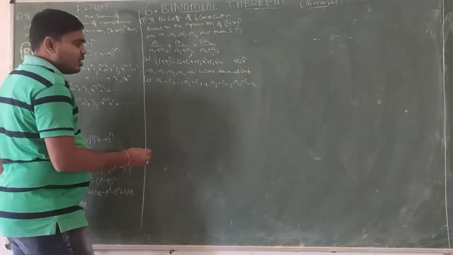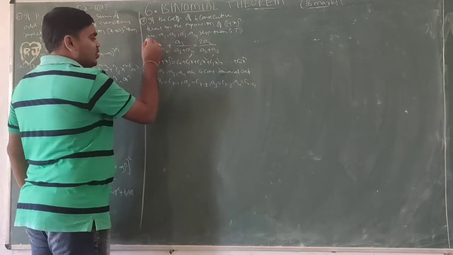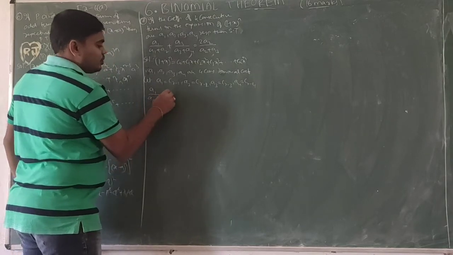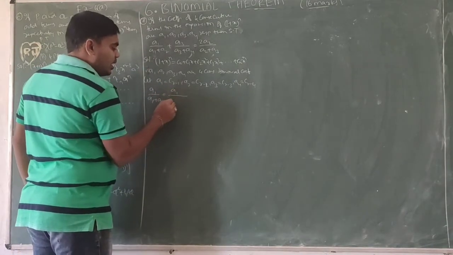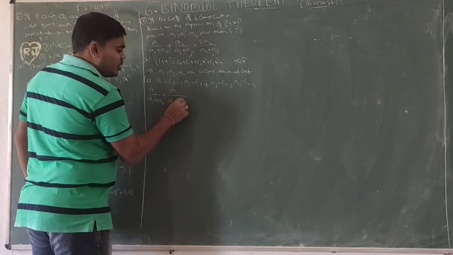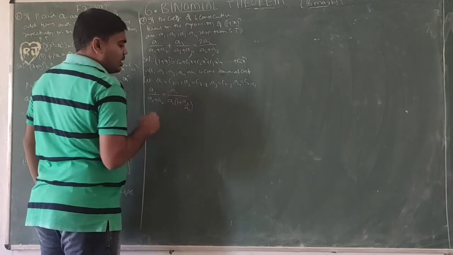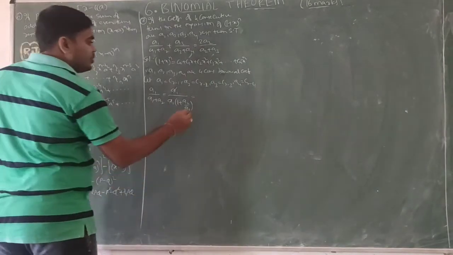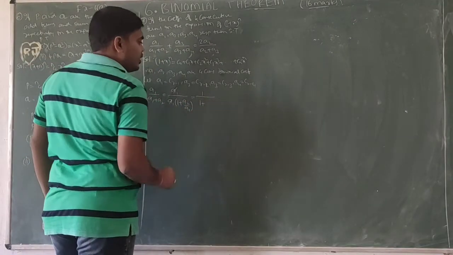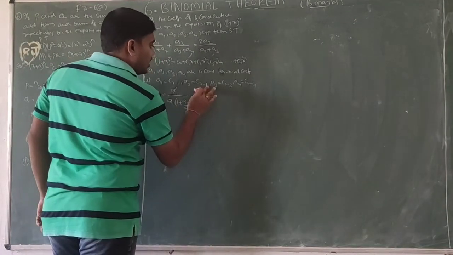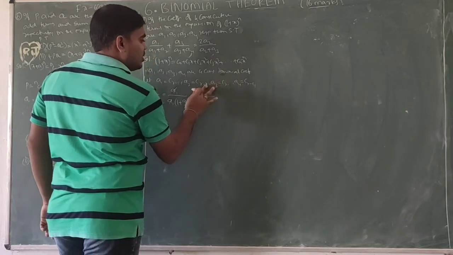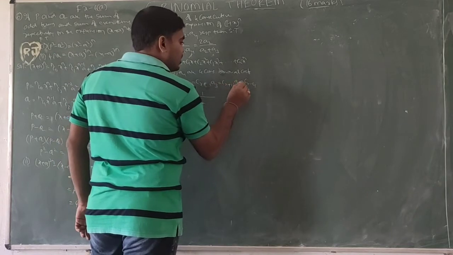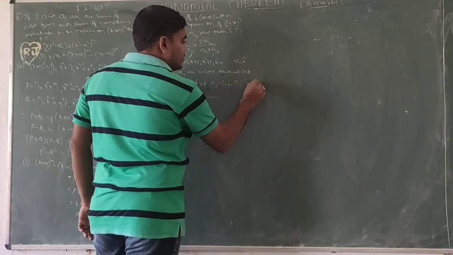Next, I am taking this one, a1 by a1 plus a2. A1 by, I am taking a1 common, 1 plus a2 by a1. A1 getting cancelled. 1 by 1 plus a2 by a1. I am taking CR minus 1, CR plus 1, CR plus 2 in increasing order.